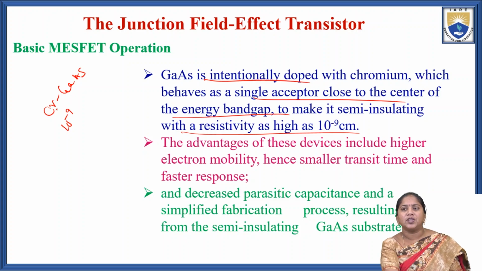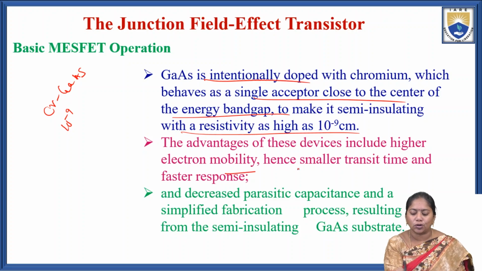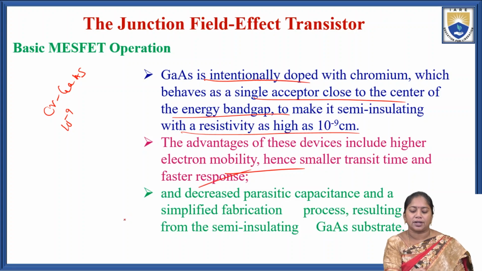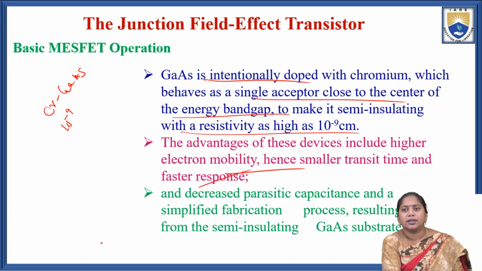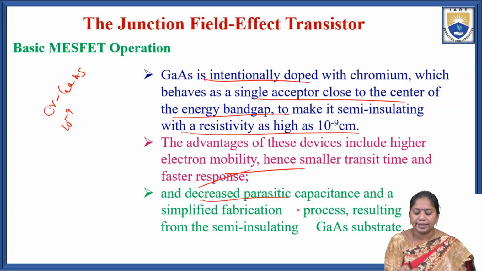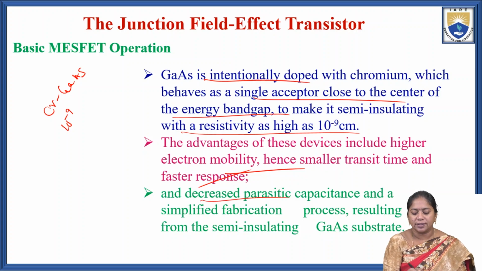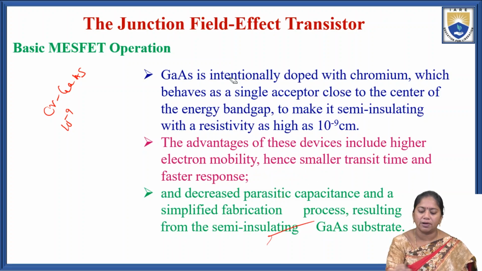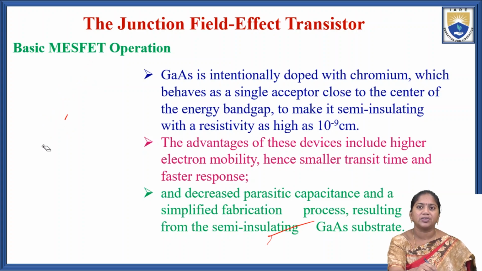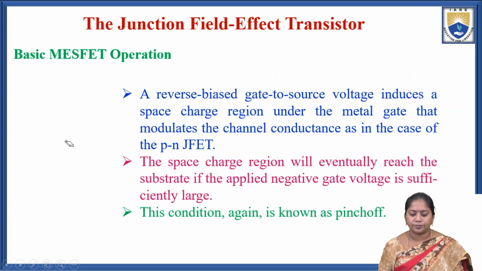The advantages of these devices include higher electron mobility, hence smaller transit time and faster response time, decreased parasitic capacitance, and a simplified fabrication process resulting from the semi-insulating gallium arsenide substrate. These are the advantages of choosing gallium arsenide.